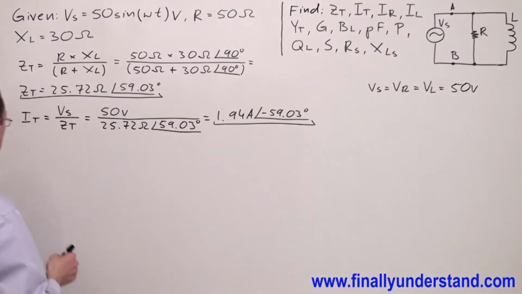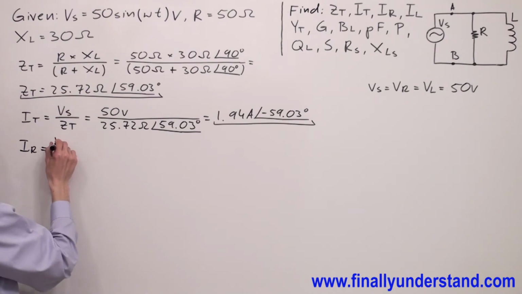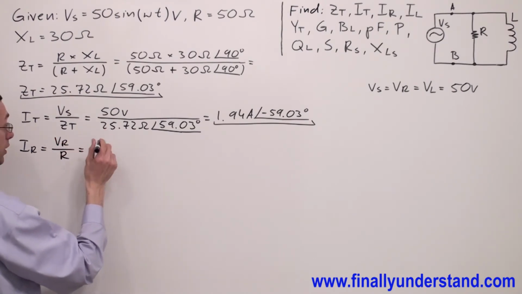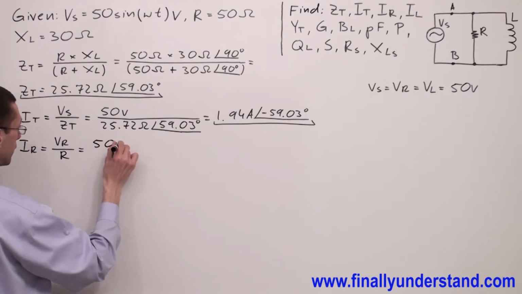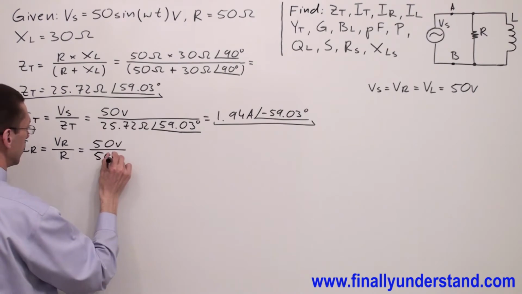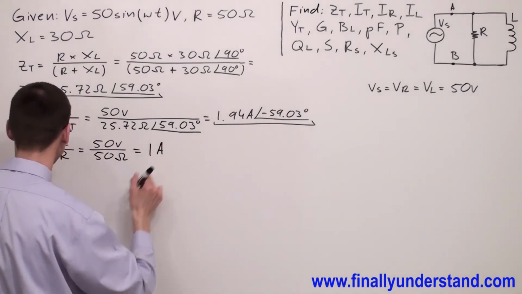In order to find the current which goes through the resistor, you simply divide VR over resistance, where VR we said is 50 volts over resistance, which is 50 ohms. This is equal to 1 amp.